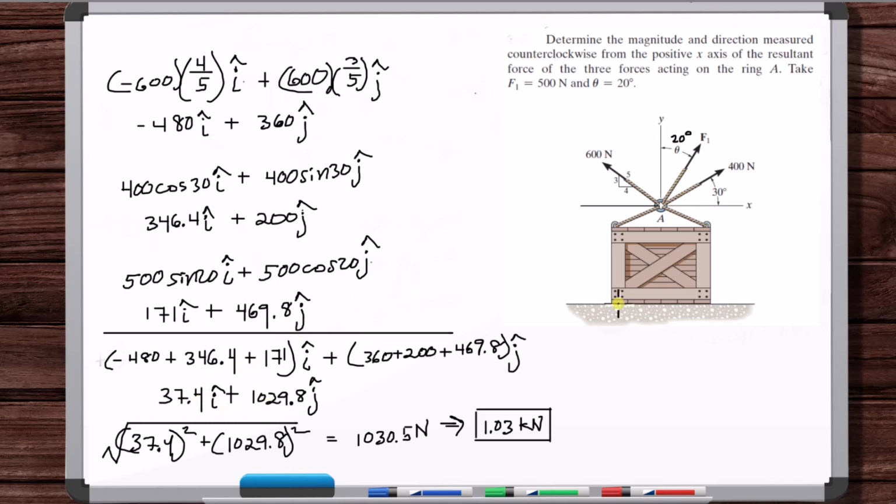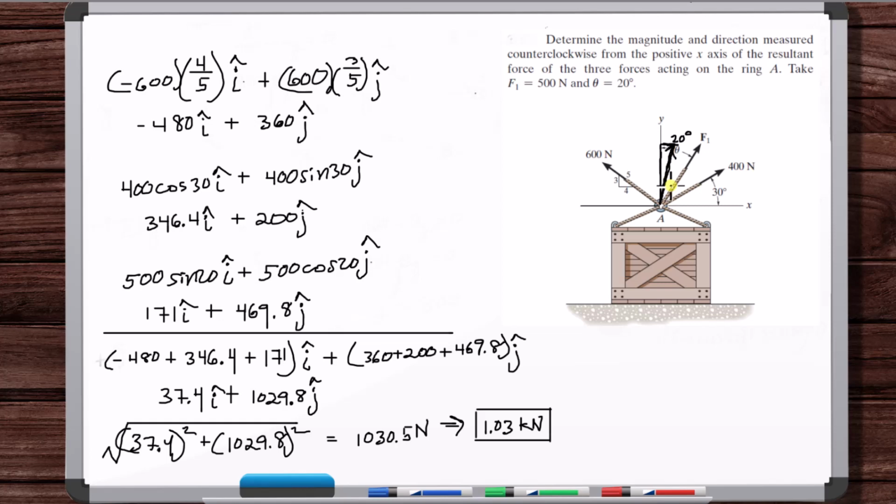This is the resultant vector, and you can see it's positive i, positive j. It's a lot more in the j than in the i. So it goes a good bit in the y, and then a little bit in the i. So that's the resultant, something like that, if you want to get a visual.